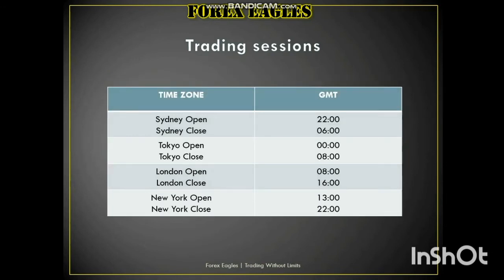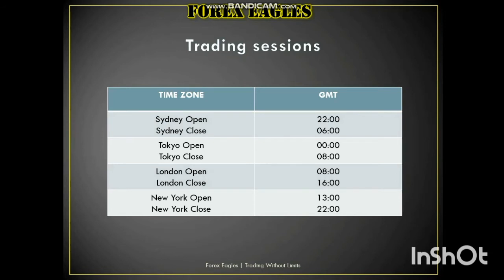Okay, so we have the times for these trading sessions. The Sydney session opens on Sunday at 10, and we close the week on Friday with the New York close at 10 as well.